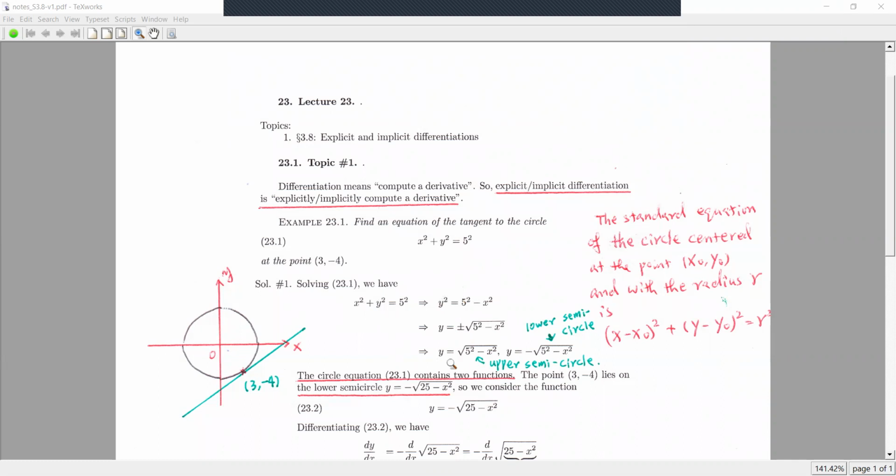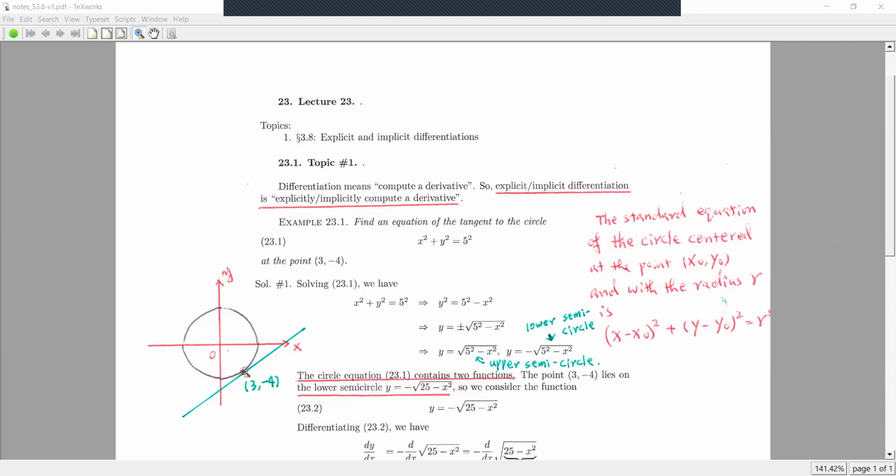So we have two functions. That is, the circle equation contains two functions. The graph of this function is the upper semicircle, and the graph of this function is the lower semicircle.